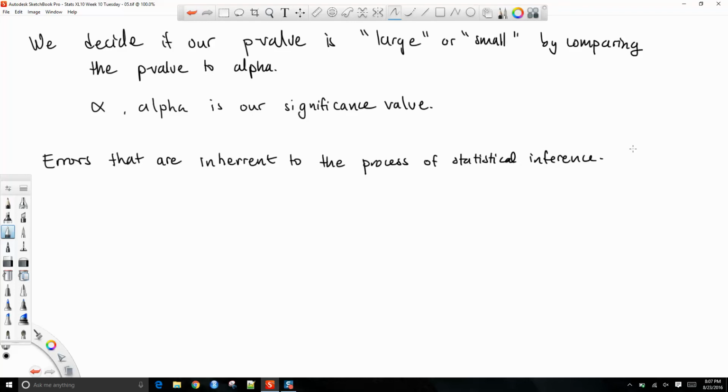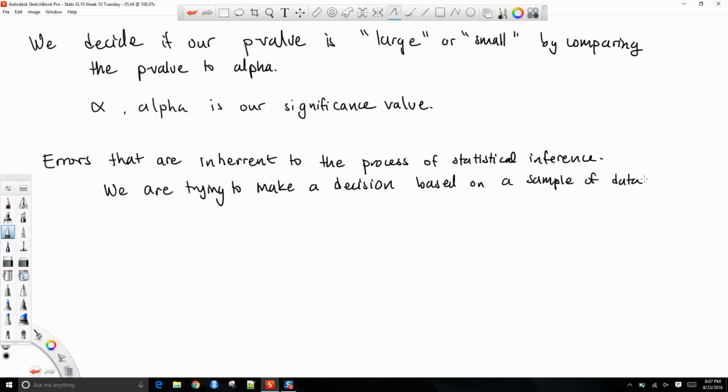We are trying to make decisions based on a sample of data rather than the population, so we are at risk of making a mistake.